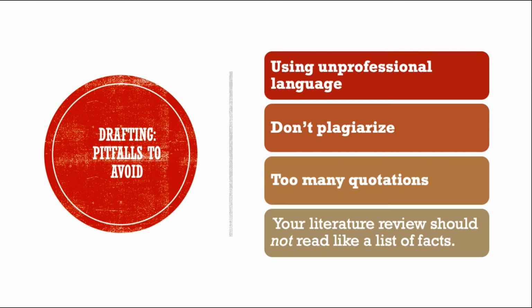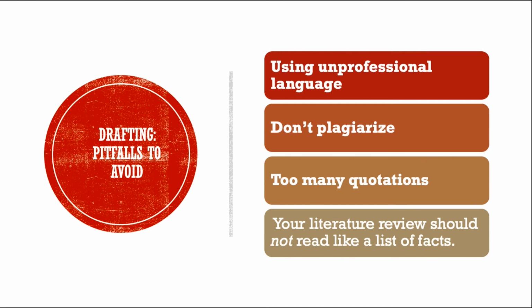Second, do not plagiarize. Do not copy and paste. Make sure you do the citation. Make sure you acknowledge every contribution from other people that you're taking from. And also, avoid too many direct quotations, which means you take the paragraph as it is and put quotation marks, which is allowed in APA style.